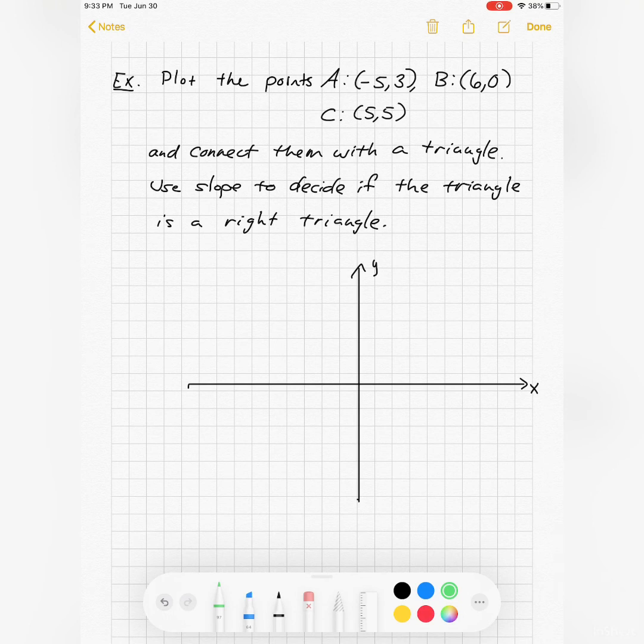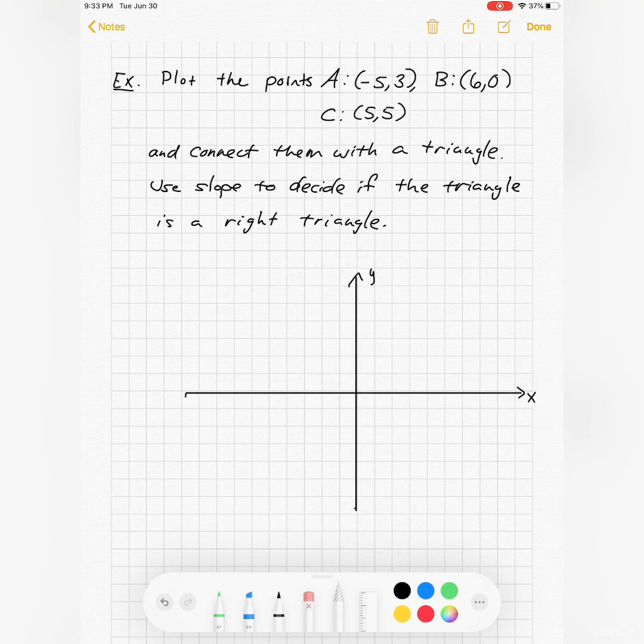This is kind of a special one. Plot the points A, B, and C. I need to move this, I guess. There we go. Okay, A is negative 5, 3.